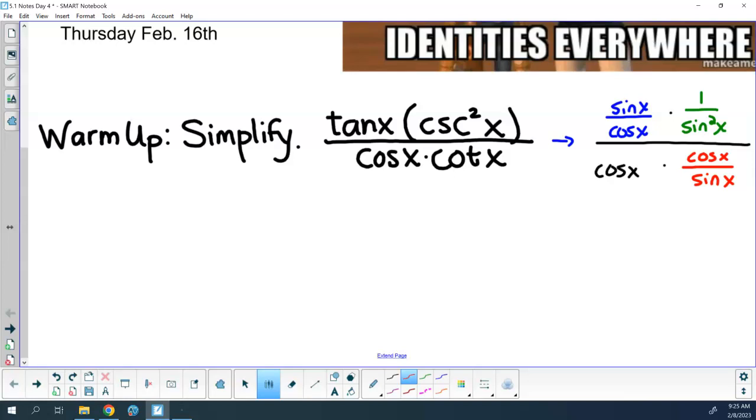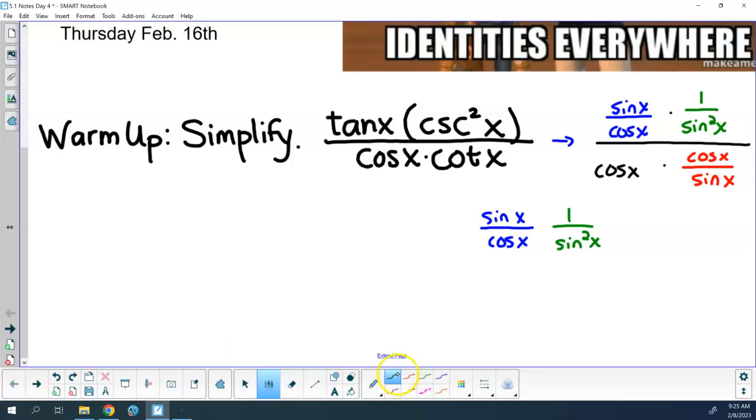Now, a couple of different ways to do this. You could simplify the numerator, you could simplify the denominator, and you could go forward. Or you can say, all right, so I've got the sine of x. Actually, here, let me color code it still. You've got the sine of x over cosine of x. You've got 1 over sine squared of x.